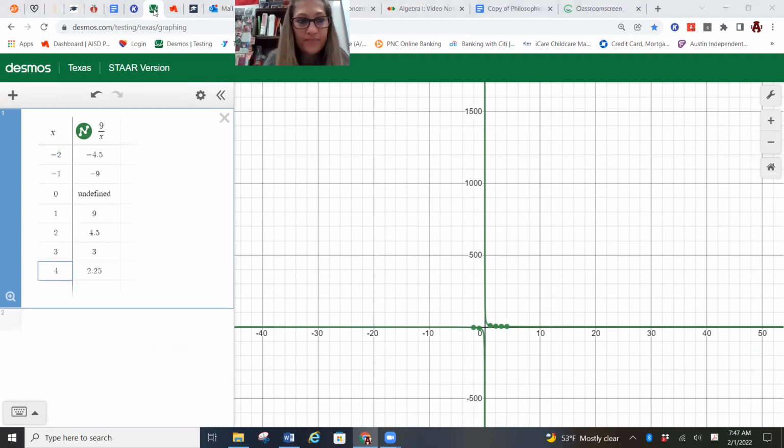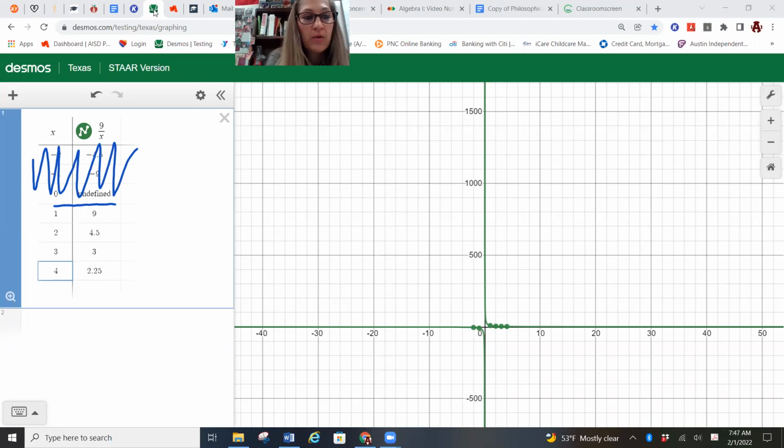So check it out. We're only going to work with positive numbers because 9 is a positive number, so we don't care about any of the negatives. Start carrying the first 2 numbers that don't have decimals. 1 times 9. Oops, here's a decimal, that's not 1. 3 times 3.